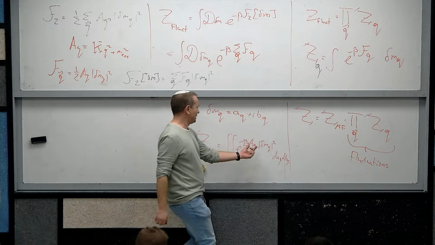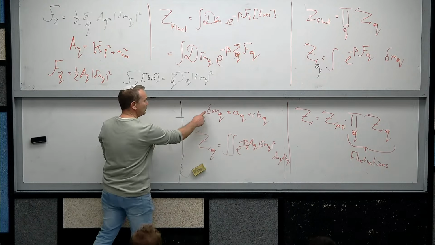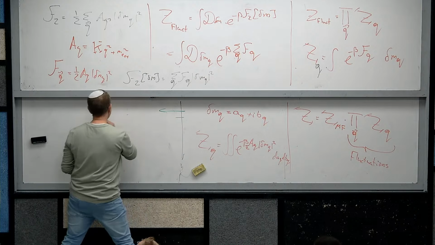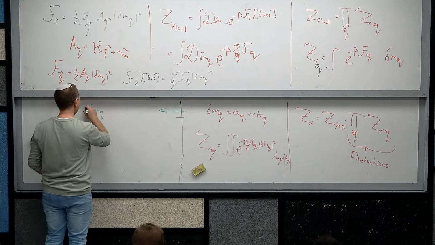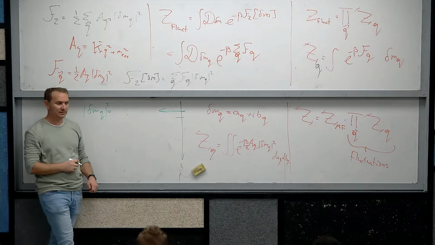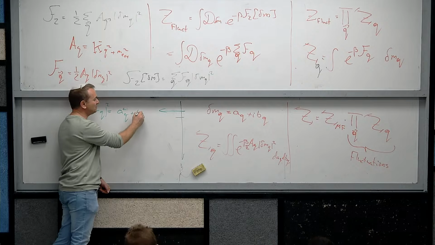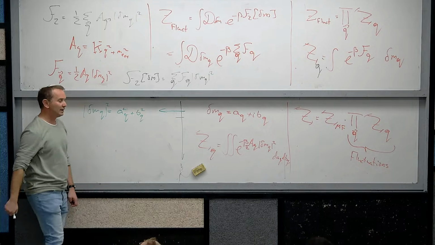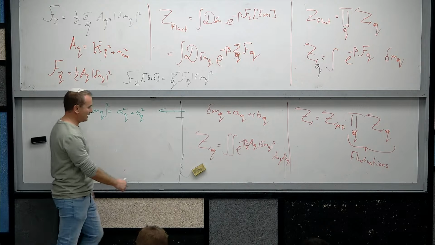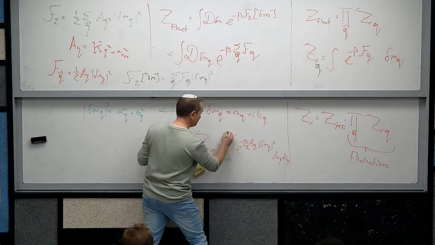Now, let's make our life a little easier. If delta MQ is AQ plus iBQ, what is the absolute value of delta MQ squared? AQ squared plus BQ squared. Here A and B range from minus infinity to infinity.